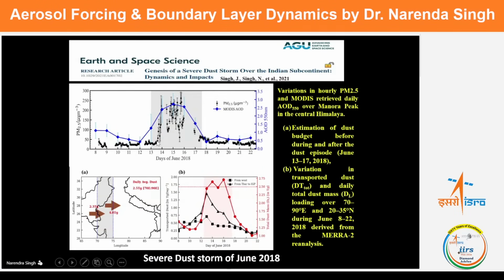So along with the dust, not only dust comes, but polluted dust when it passes through urbanized regions. So it becomes dust when pollutants also stick over the dust, other pollutants, and it becomes polluted dust.